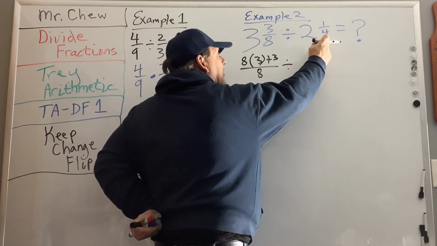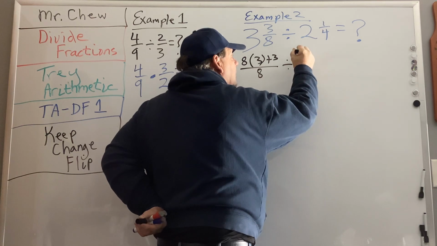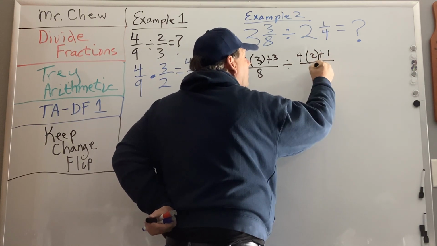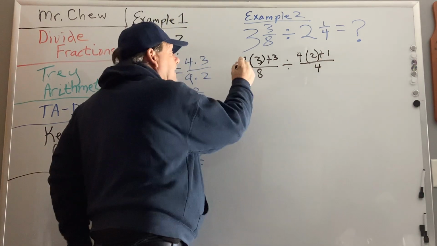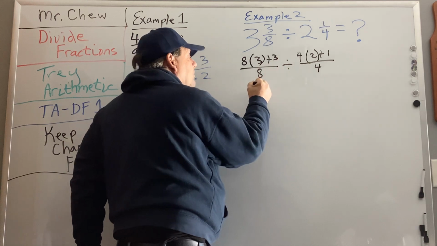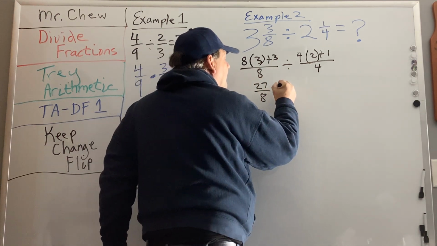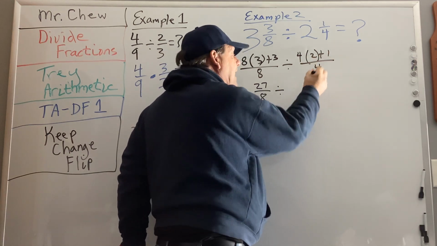Same thing here: the denominator times the whole number plus the numerator, over the denominator. So it's 4 times 2 plus 1 over 4. All right. Now, 8 times 3 is 24, plus 3 is 27 over 8, divided by 4 times 2 is 8, plus 1 is 9 over 4.